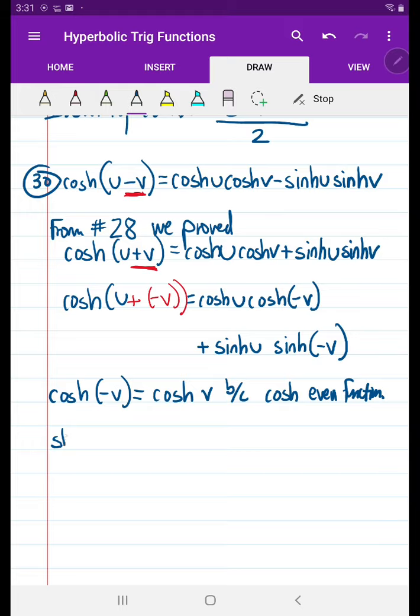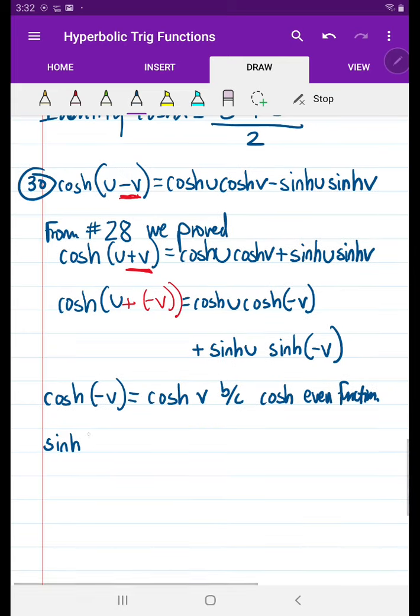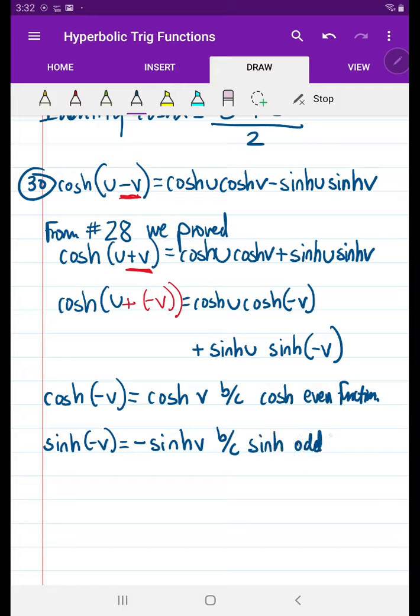And we said that sinh of negative v is equal to negative sinh v because sinh is an odd function, right?